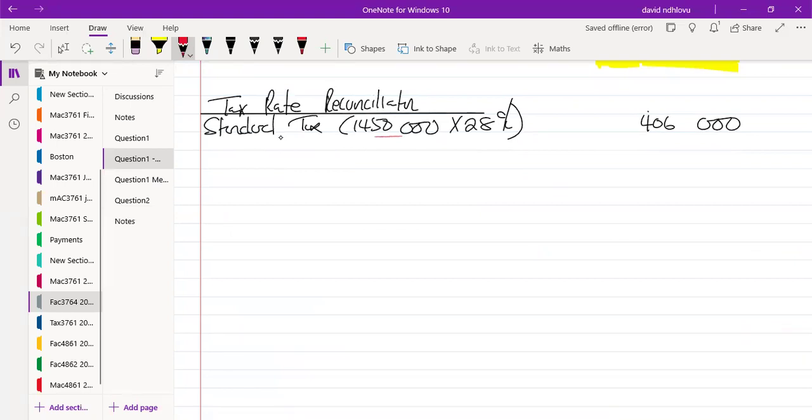So therefore, our reconciling items are the exempt differences. So we go to the exempt differences. We had foreign income. Right, we have dividend income. We had fines. We also had interest. We had capital gain.